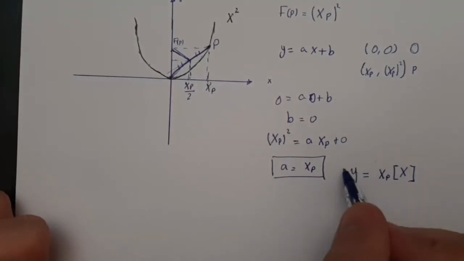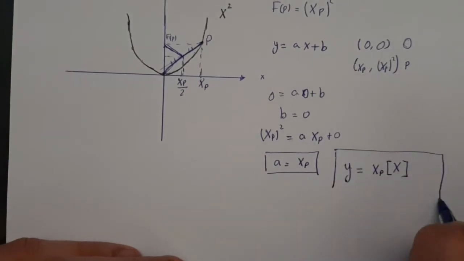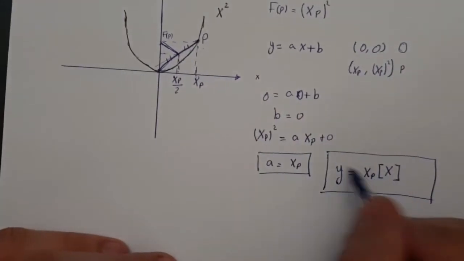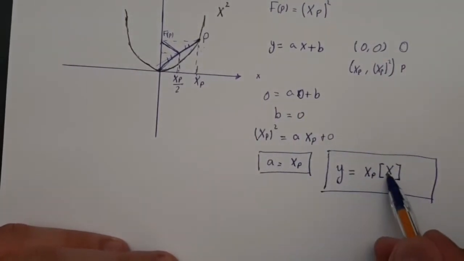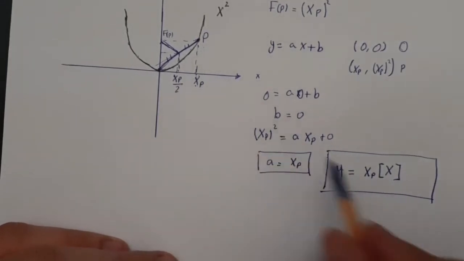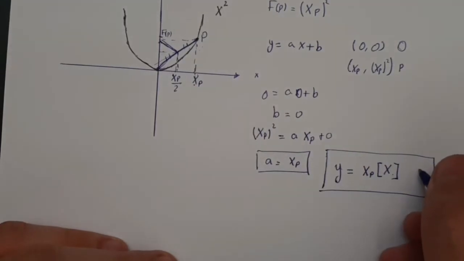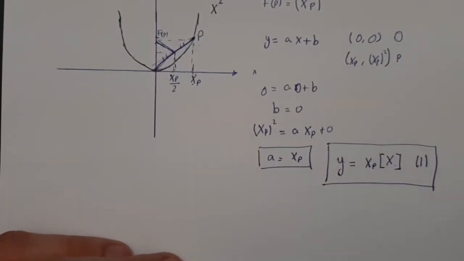Our line is depending on that, okay? So this is our first equation, our equation for this line over here. Our a is xp, and then we can choose any x we want. When x is equal to xp, we'll have xp multiplied by xp, we'll have xp squared. Okay, so this is our first formula that we need to save over here.